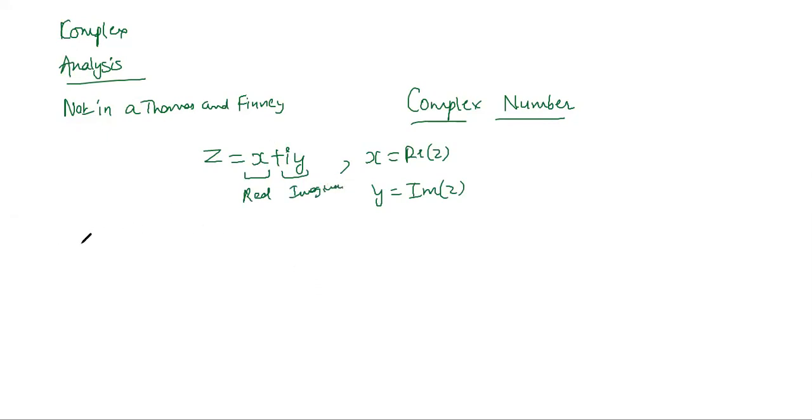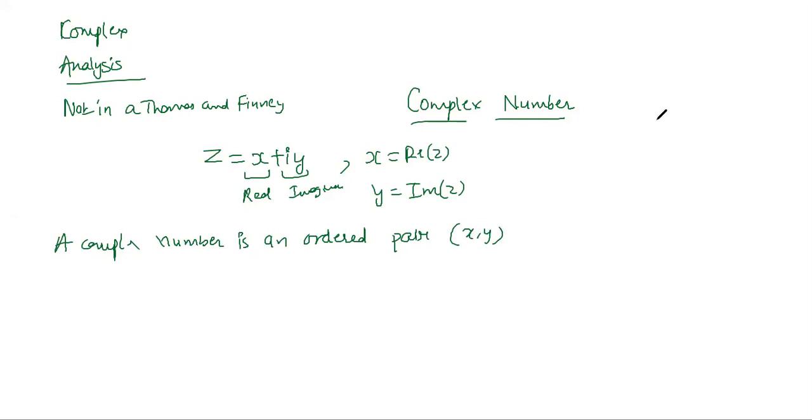So I will give you some other version of defining this. A complex number is actually an ordered pair x comma y. So what do you mean by ordered pair? Ordered pair means it's a pair, it's like a point in a two-dimensional plane.